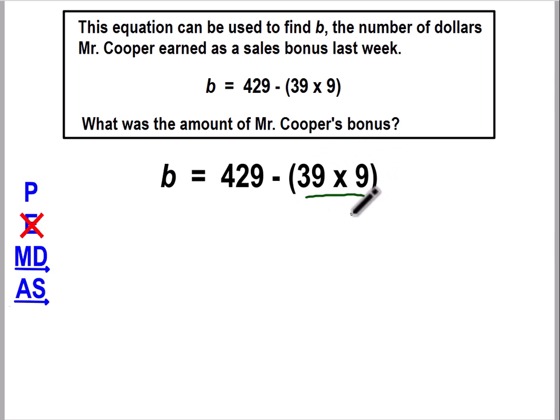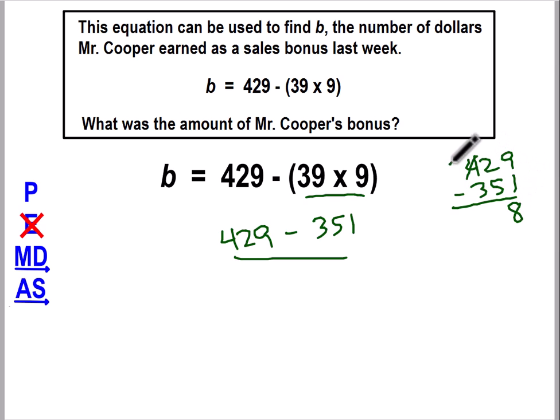So I'm going to multiply. And I get 351. I bring down everything else. I haven't done anything with my 429. Bring down my subtraction. And then the last step, there's only one operation left, and that's to subtract. So I'm going to come over here, do my subtraction off to the side.